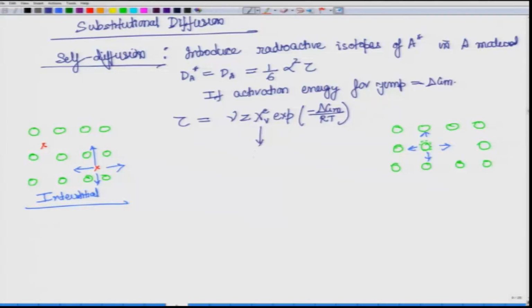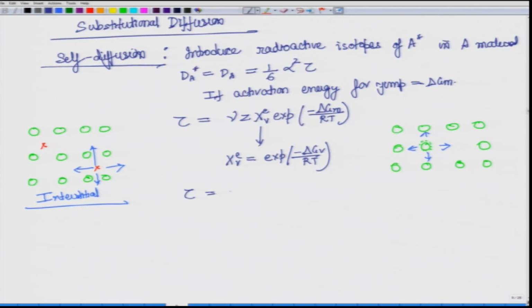So, that is where it becomes very different, and now we can expand this relation, which we know: X v equilibrium, if you remember, is equal to exp minus delta G v by R T. Now if we put it over here, both of them have R T, so this multiplication would lead to addition of these two terms.